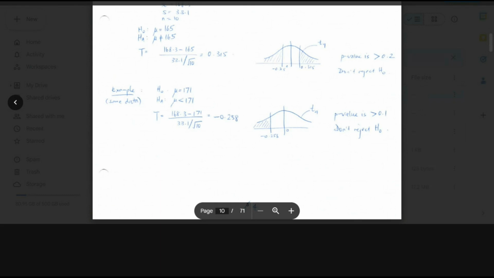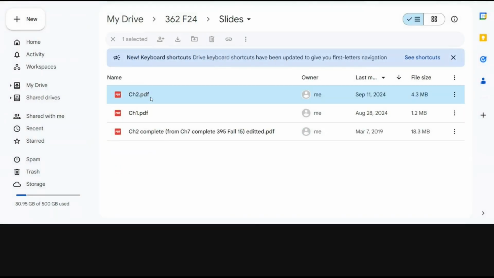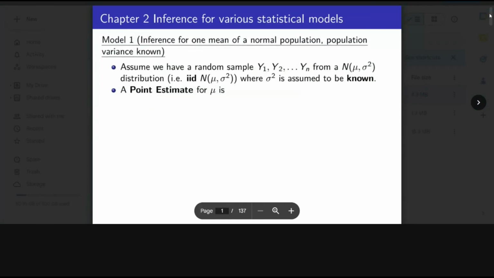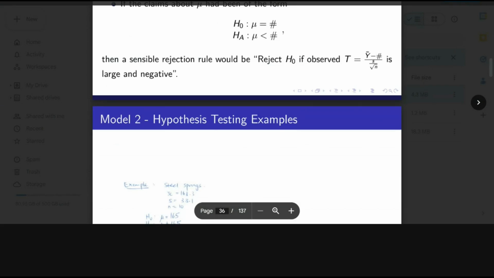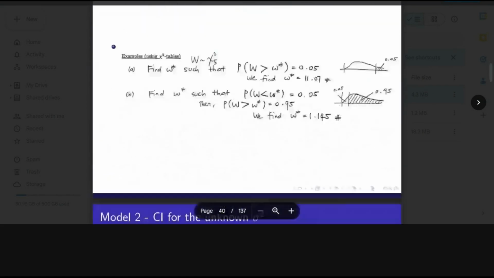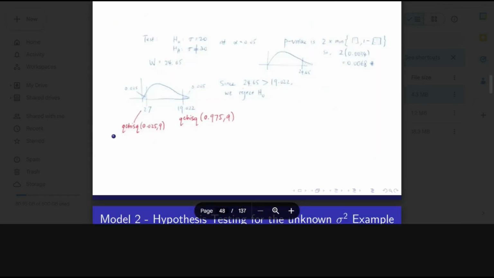Let me go back to my slides here. Let me show you what this was when it was just for two groups. I want to ask you this question. Can you generalize this formula to be for R groups?